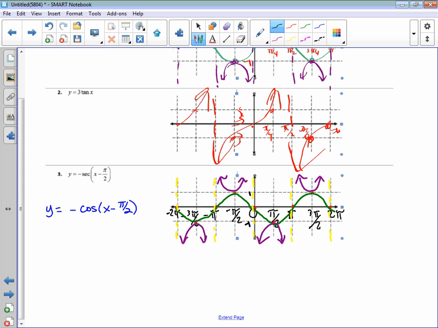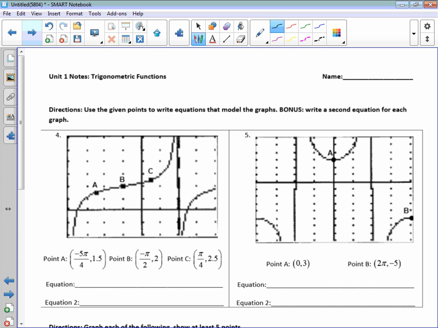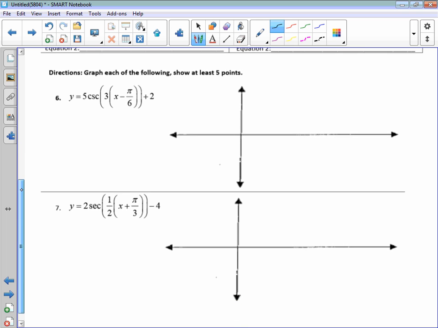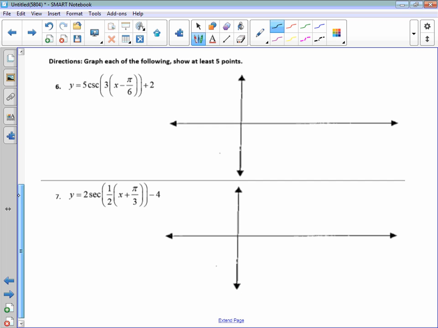Sort of okay? I don't remember if I had any more for you. Let's try these. So try 6 and 7 for me. These are a little more complicated.